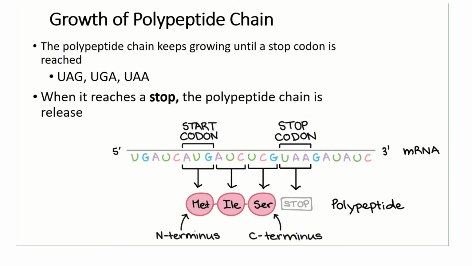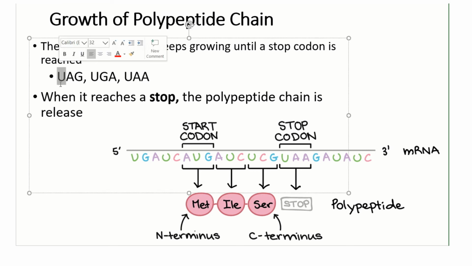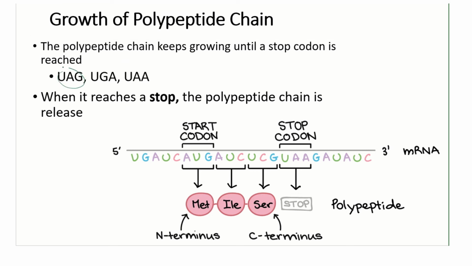Okay, so with the growth of a polypeptide chain, the polypeptide chain will just keep growing until a stop codon is reached. So remember, a stop codon is UAG, UGA, or UAA. When it reaches a stop codon, the polypeptide chain gets released so that we end up with this little setup right here.